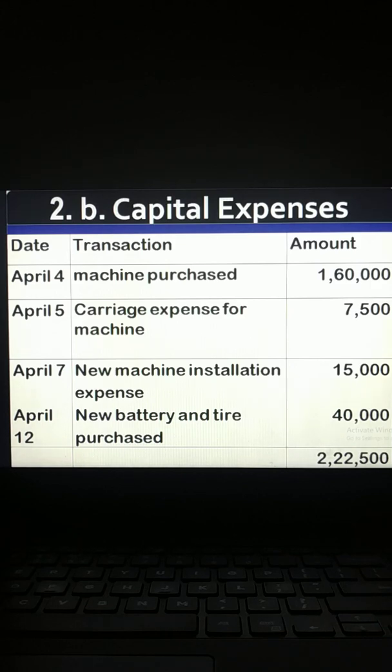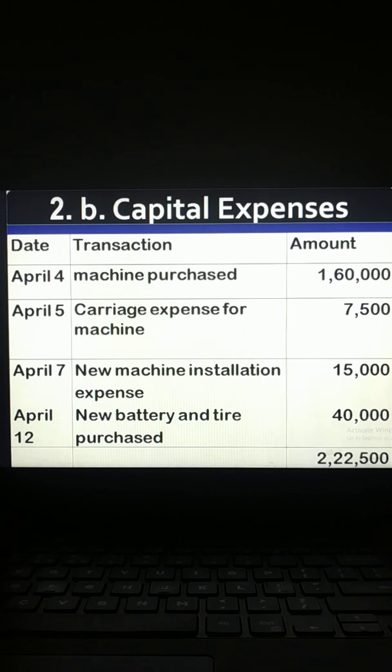This is also like carriage. Installation expense is a regular, very small expense, but it is for an asset. So if we incur any type of revenue expense for a particular asset, that will also be a capital expenditure. That's why carriage here is also a capital expenditure, and the new machine installation is also a capital expenditure.